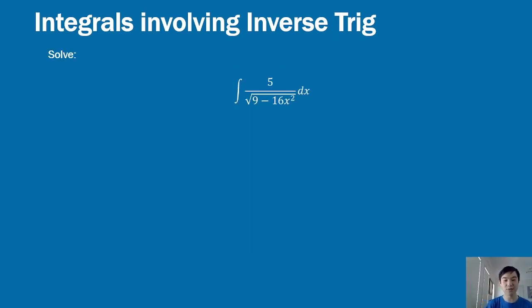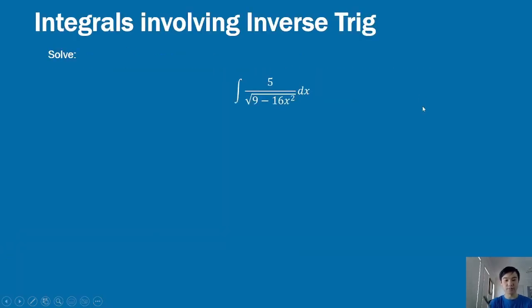So here's an example of an integral that involves inverse trig. We got 5 over root 9 minus 16x squared. So how do we integrate it?